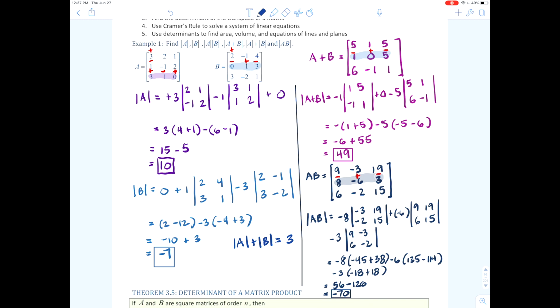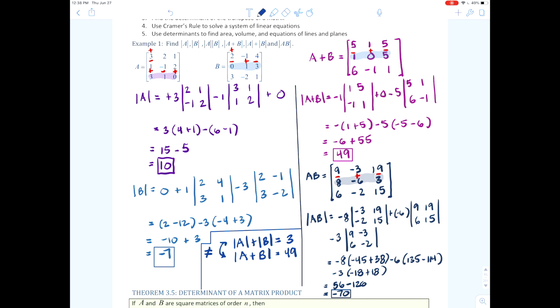Whereas the determinant of quantity A plus B, those two matrices added first, was equal to 49. So these two are not equal.